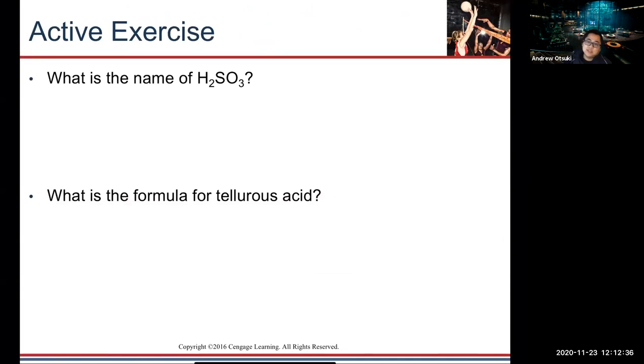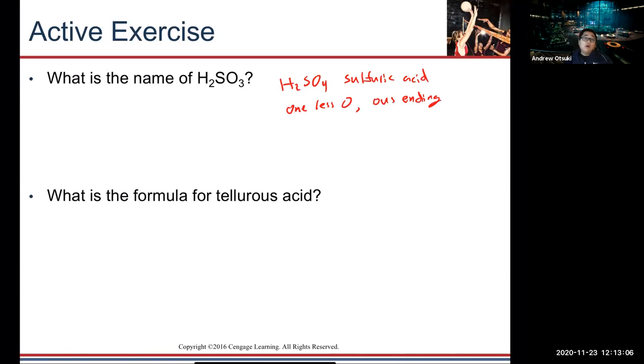Okay, so what's the name of H2SO3? Remember, our baseline, we want to refer back to H2SO4. That's sulfuric acid. And then remember, this is one oxygen less, so one less O. That will give us our OUS ending.